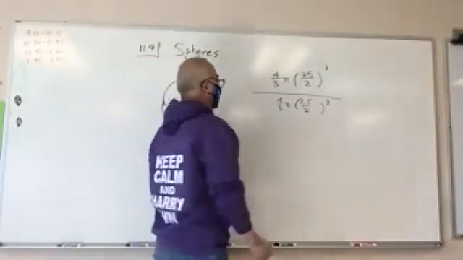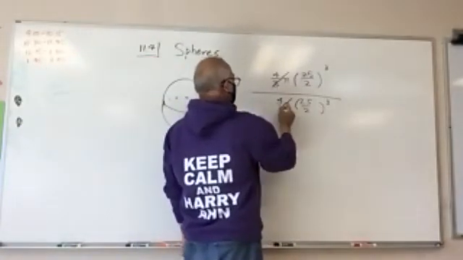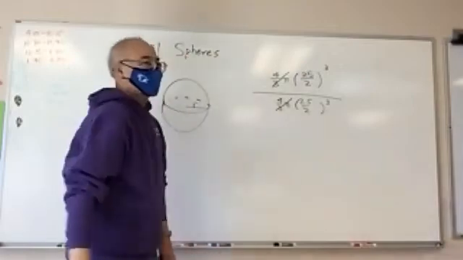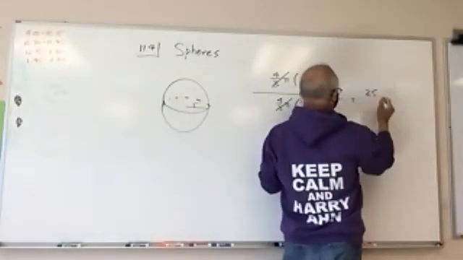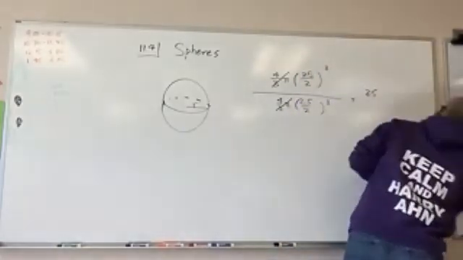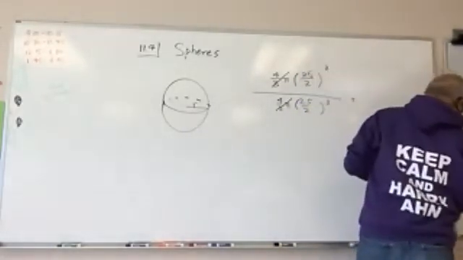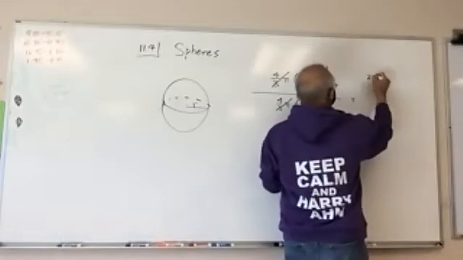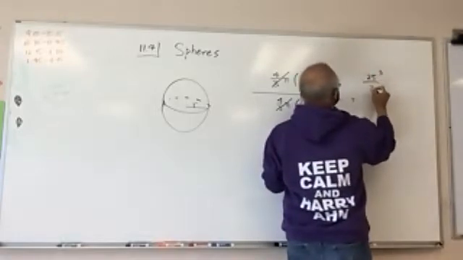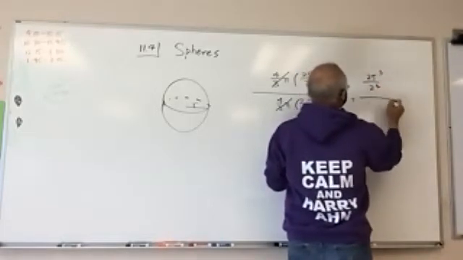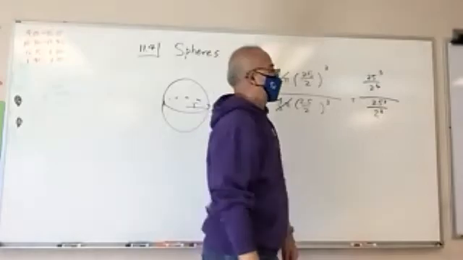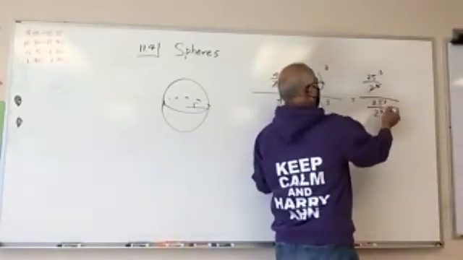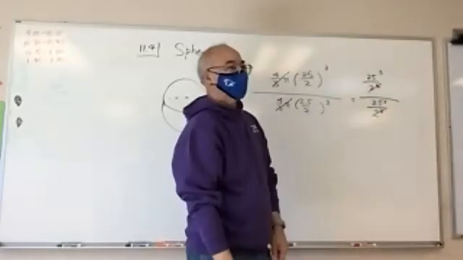So obviously the 4/3 pi and the divided-by-2 cubed go away.